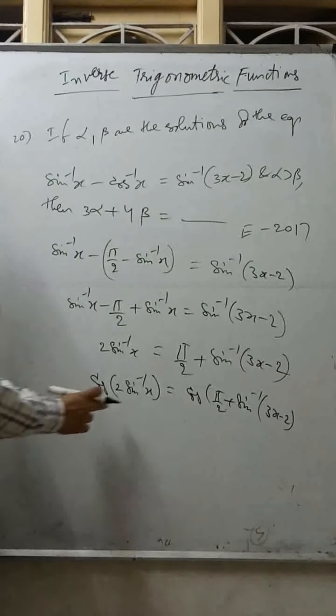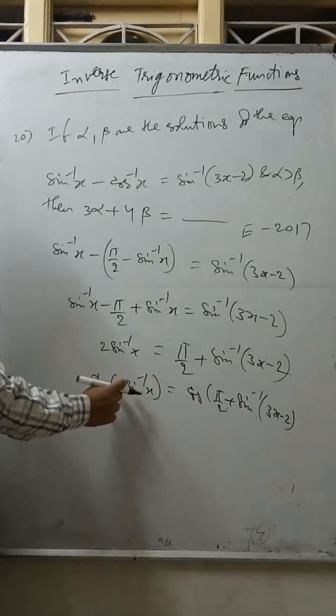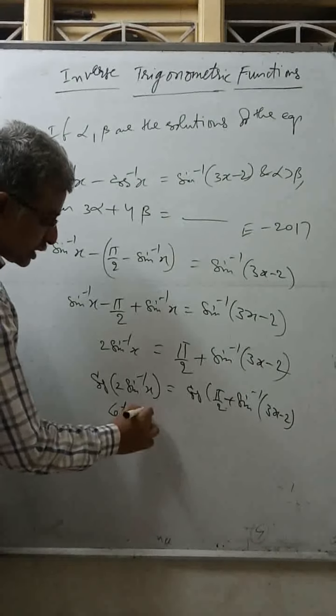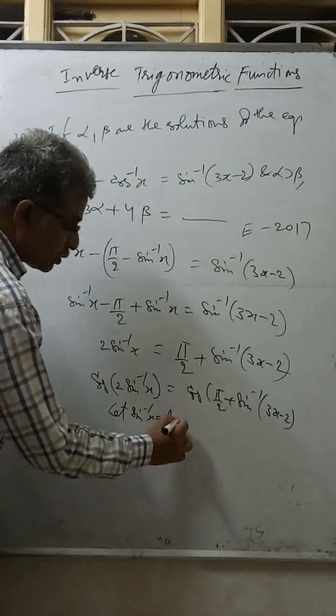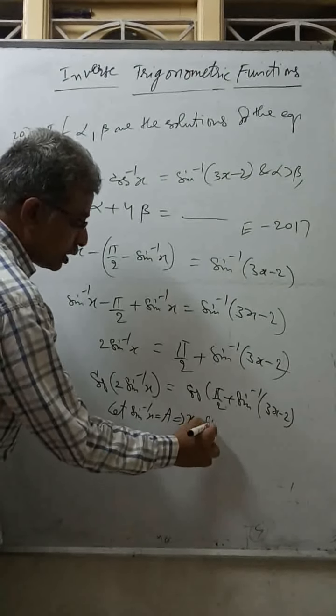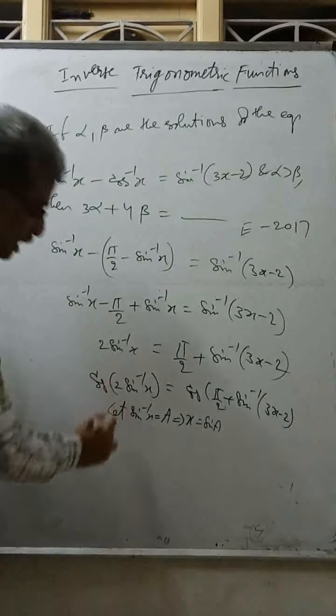Let sin inverse x equal to some a, which implies x equal to sin a. So this part is cos 2a. Only for this part I am taking.